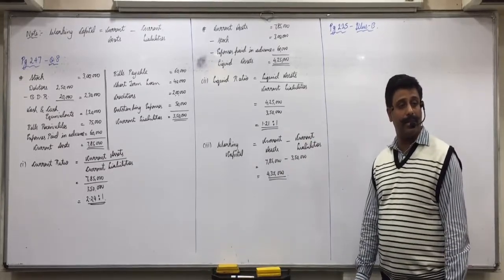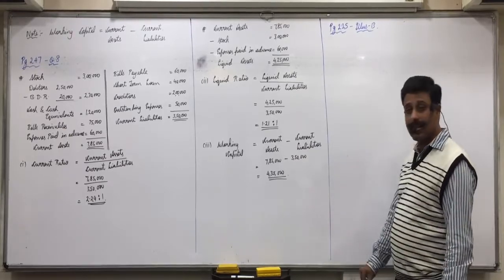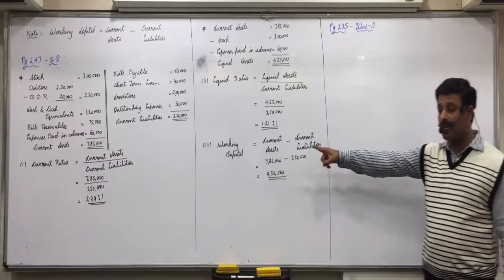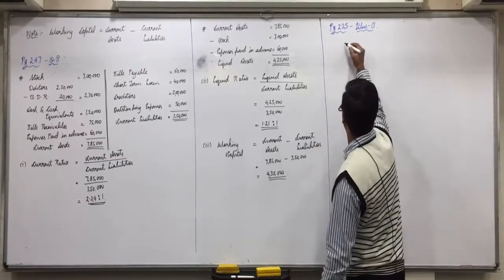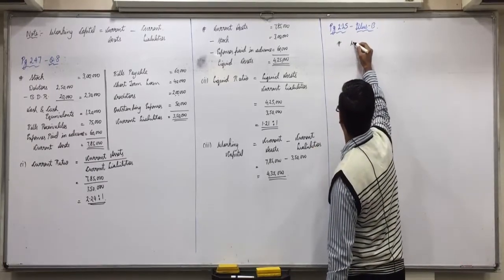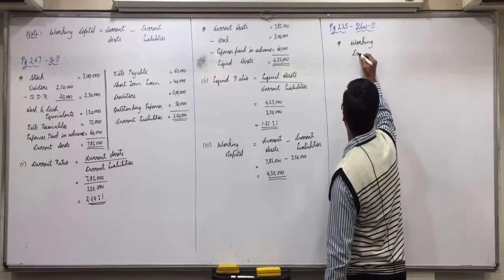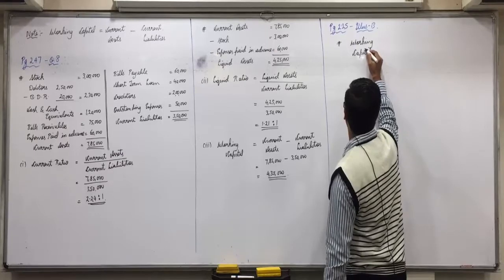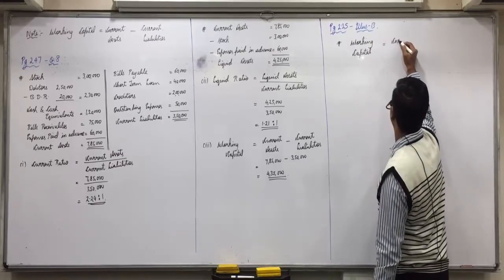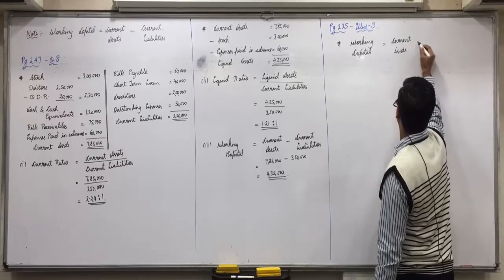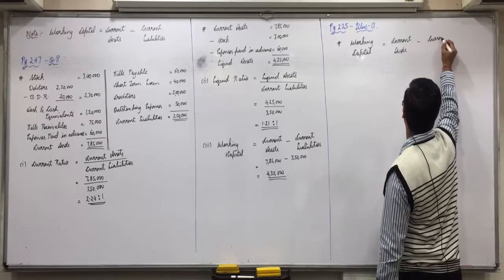And once we get current liabilities, then we can apply the formula of current ratio. Is everyone clear with this? All are clear with it? So first we'll apply the formula of working capital. Working capital is equal to current assets minus current liabilities.